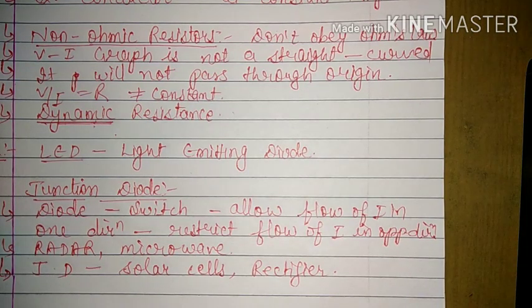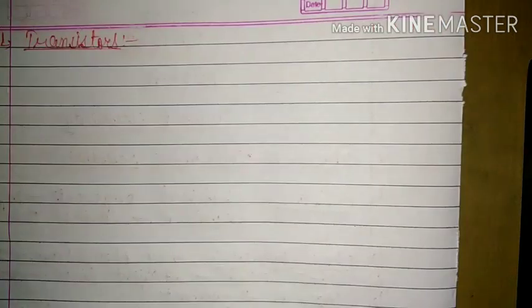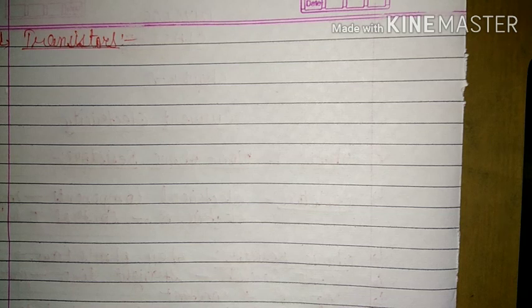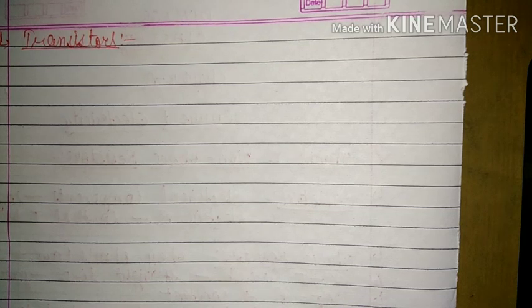And the next example given is transistor. Okay, so next example is about transistors, and it is mainly used in electronic devices. We have studied about computers. So in computers the vacuum tubes were used, and instead of those vacuum tubes, later transistors were implemented.